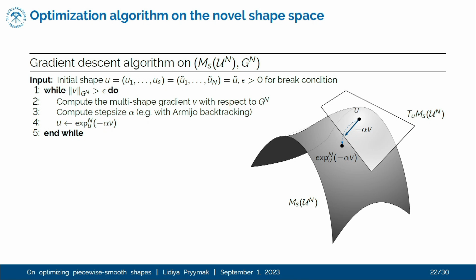Usually we use a backtracking method, and we use the multi-exponential map to get the next iterate shape. In the picture you can maybe see how we use this exponential map for our optimization algorithm.